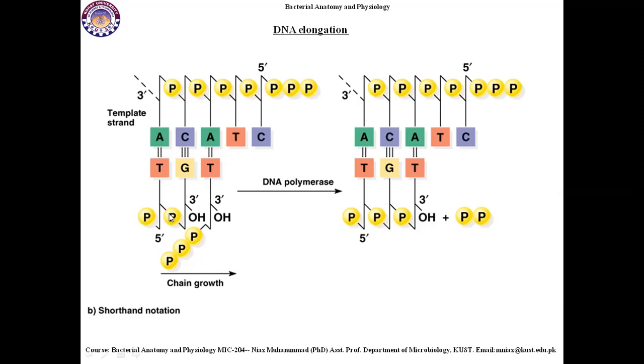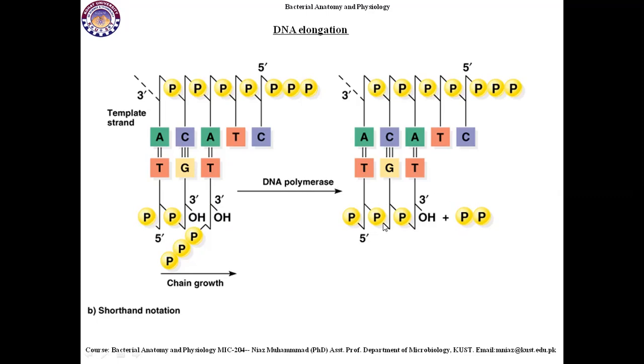Thymine's 3' hydroxyl group will be empty over here. So guanine will come and bind with this through a phosphodiester bond by its 5' end, and again the 3' end will be empty. If adenine is there, thymine will come, and the 5' site of thymine will bind with this 3' hydroxyl group, and again the 3' hydroxyl group will be empty, and this chain will grow increasingly by means of DNA polymerase.